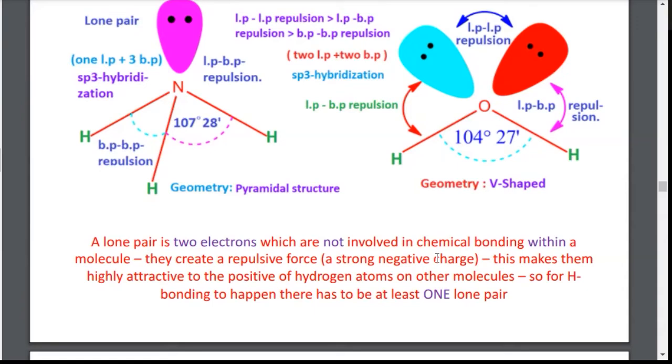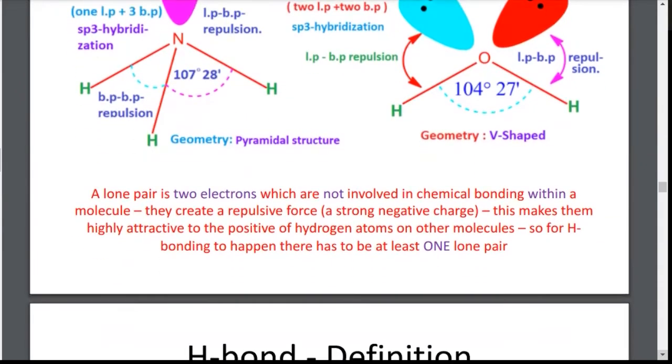This makes them highly attracted to the positive charge on the hydrogen atoms on other molecules. So for hydrogen bonding to happen, there has to be at least one lone pair on the molecule. If the molecule hasn't got a lone pair, it can't do hydrogen bonding. That's the kind of question that might come up at GCSE.